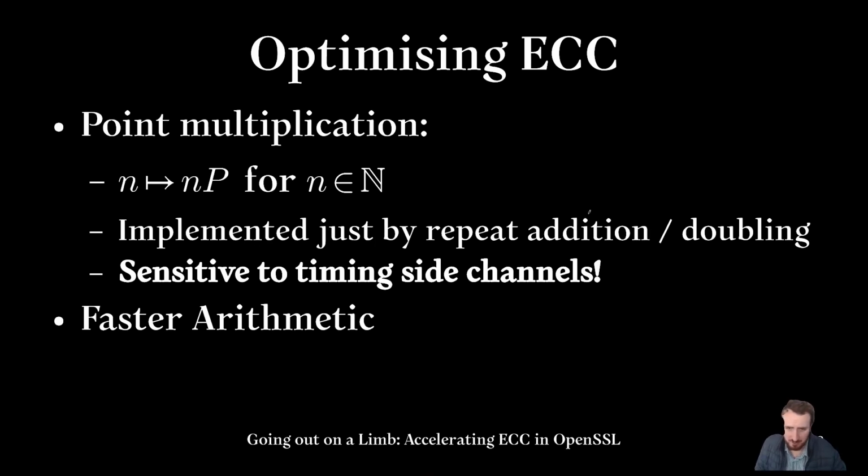To avoid timing side channels, you had better ensure that the sequence of additions and doublings is statically determined at compile time, and is constant for every choice of n, because exponentiation, or point multiplication in this case, is particularly sensitive to timing side channels. n is assumed to be a random nonce, for example in the signature algorithm, so it's really critical that our code isn't susceptible to timing attacks.